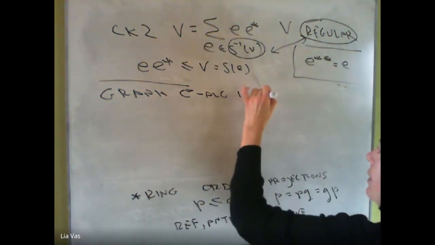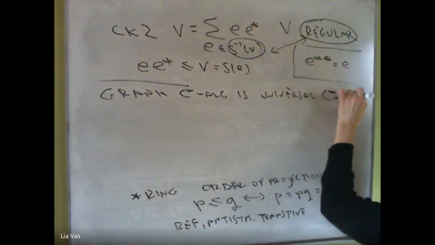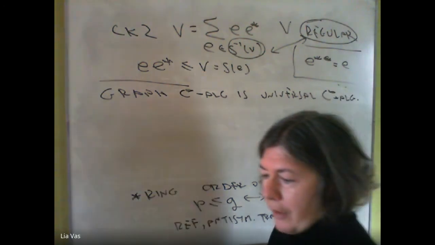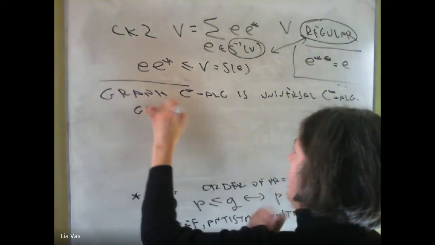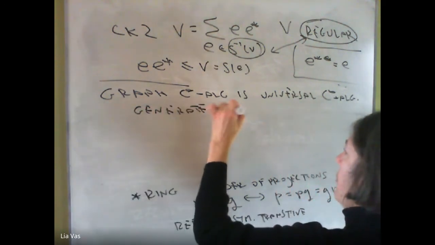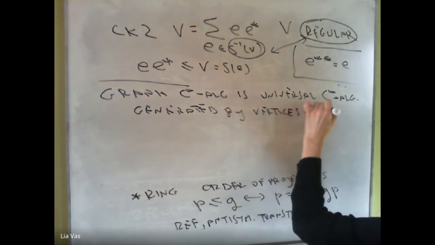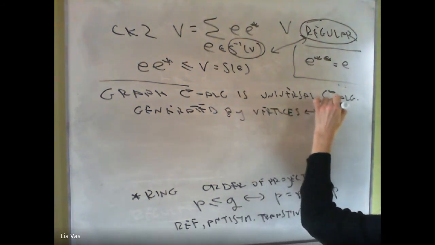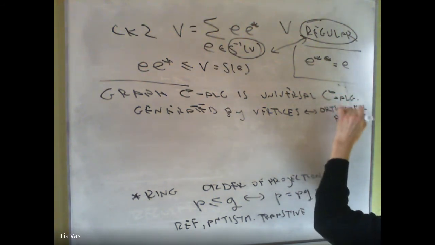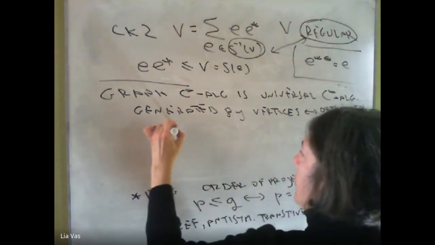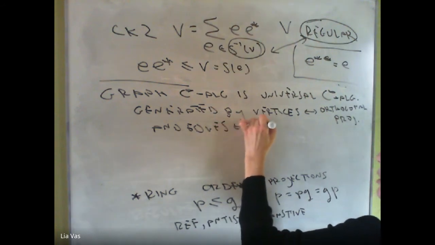So it is a universal C-star algebra generated by vertices, which are orthogonal projections, and edges, which are orthogonal partial isometries.